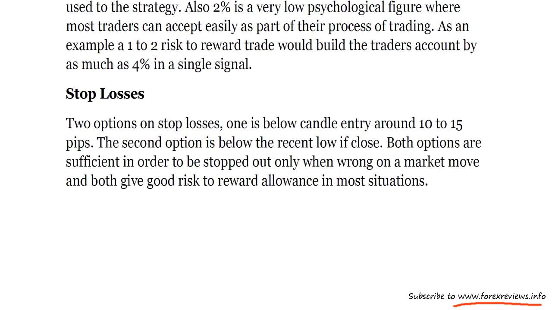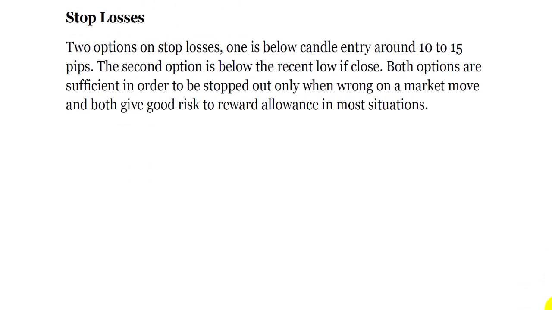You don't want too tight of stop losses, you don't want too big of stop losses. You want the just right position, which is below the candle or above the candle in the sell entry, or above the recent high, or below the recent low. Okay, so let's have a look at an example of this.